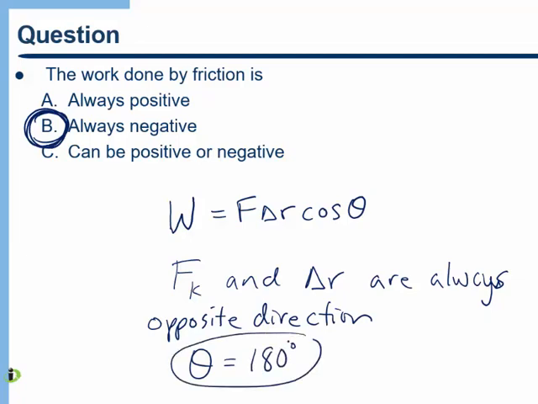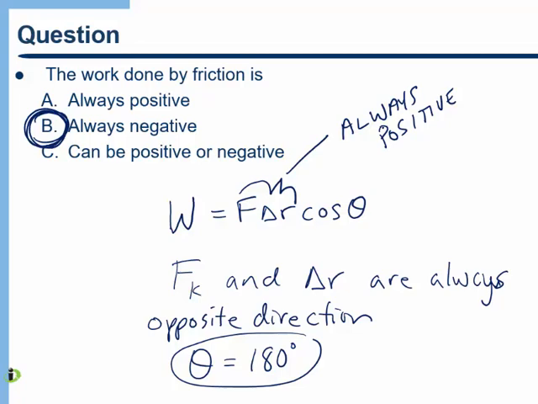By the way, one last quick note that's really important to remember. When you calculate the work done by a force through a distance, remember, these numbers are always positive. Because what do we mean by those? Those are the magnitudes. So don't put in a negative value for friction.